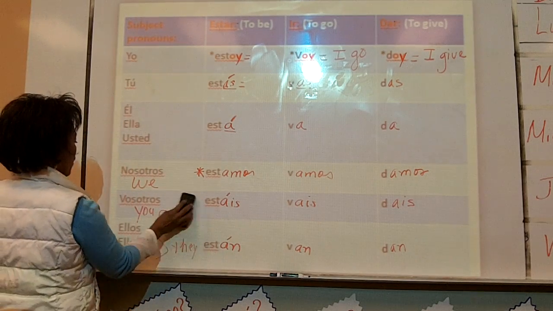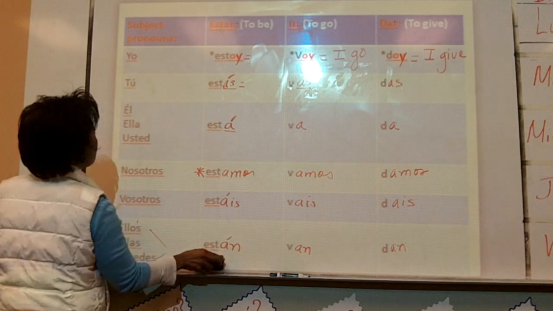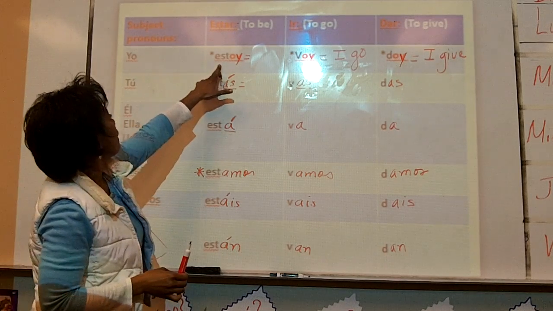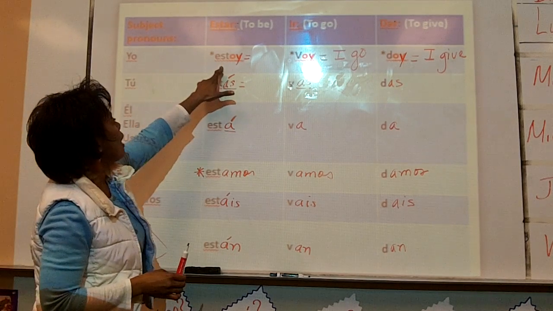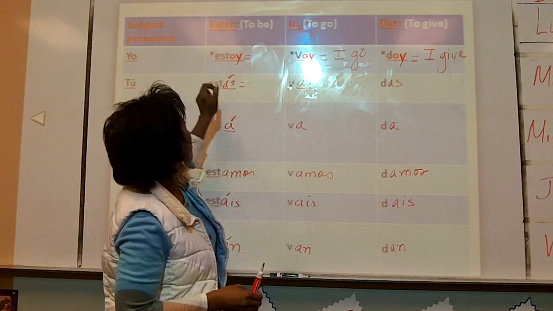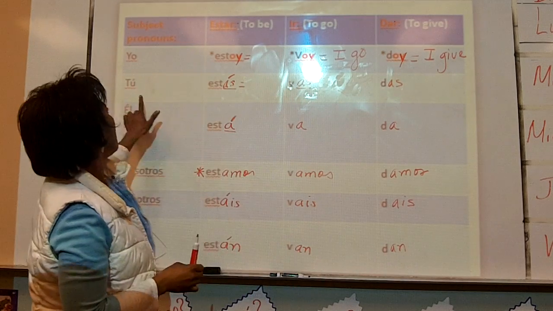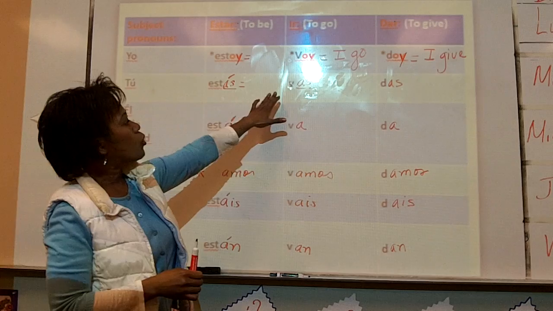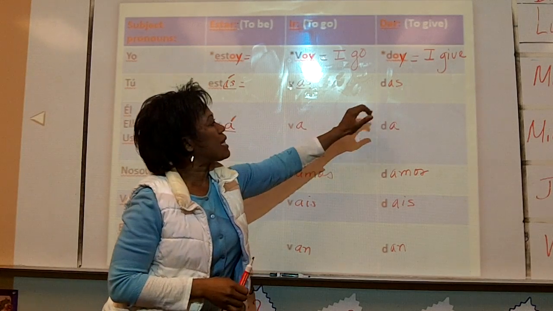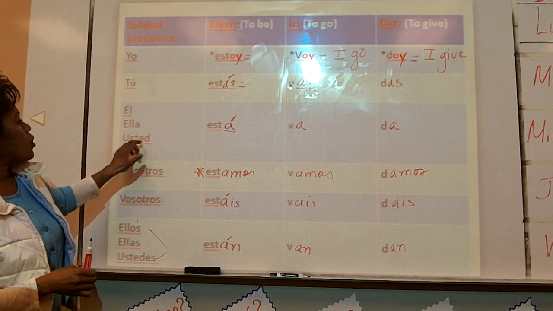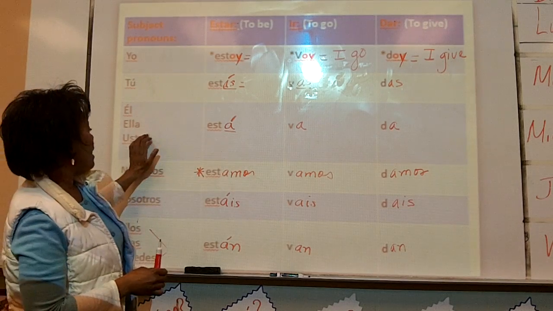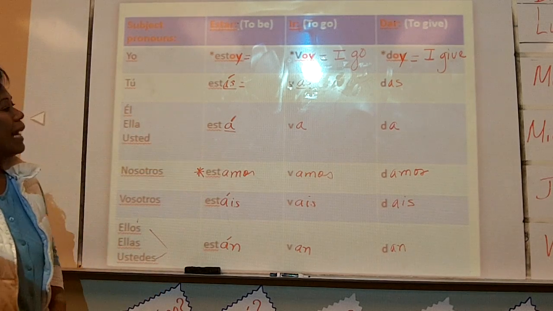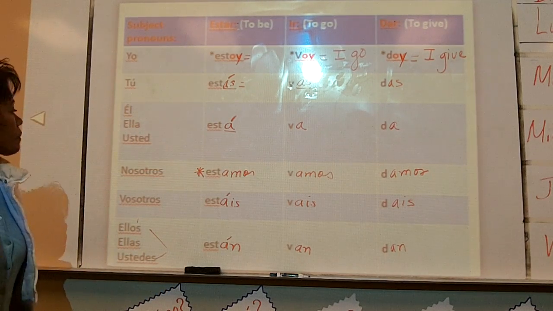Okay, so the pronunciation will be yo estoy, yo voy, yo doy. Tú estás, tú vas, tú das. Él, ella, usted está, él, ella, usted va, él, ella, usted da.